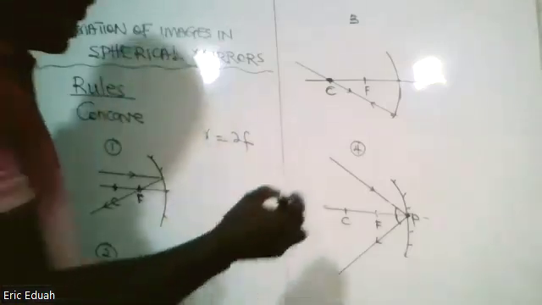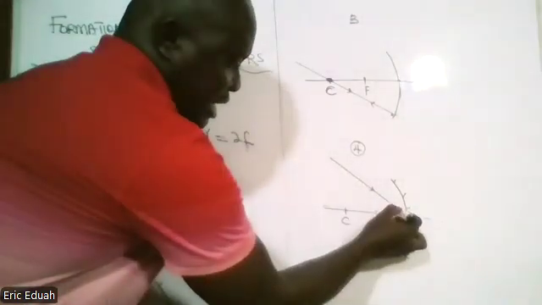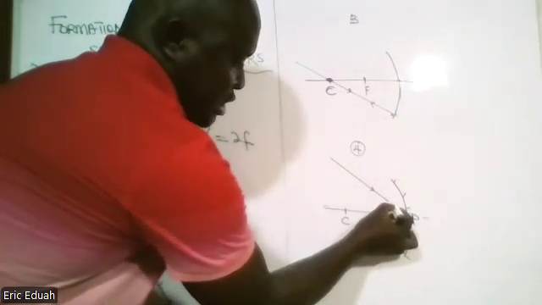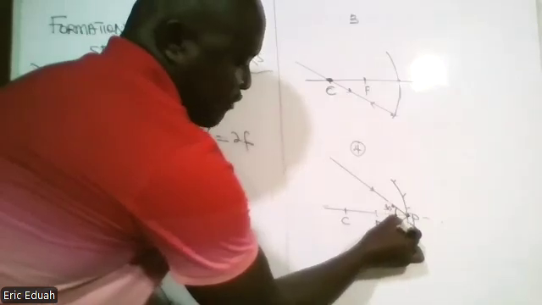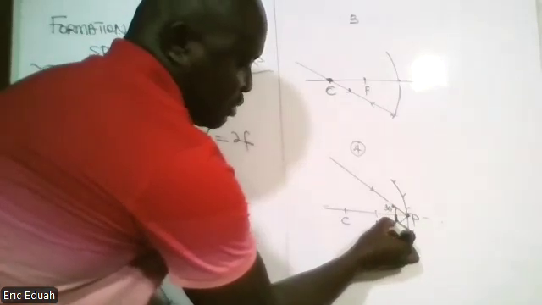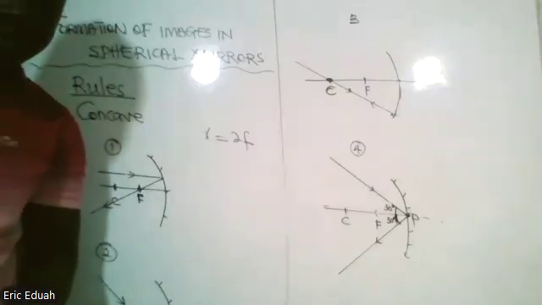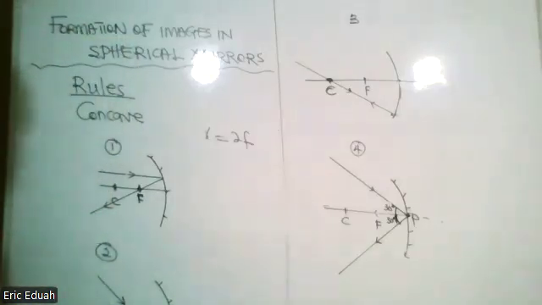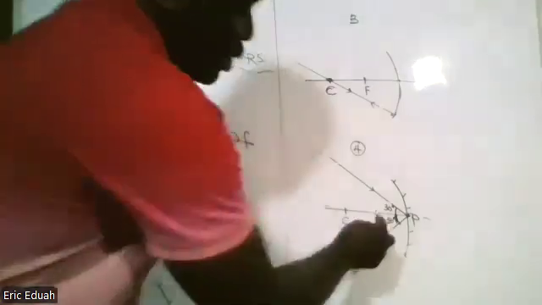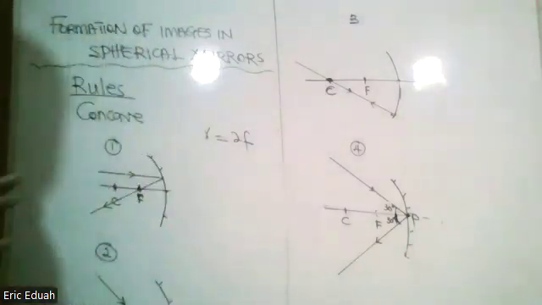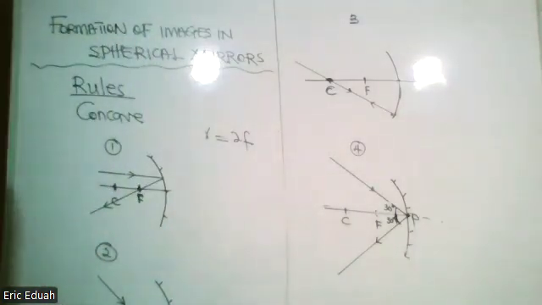Here what I'm saying is that if this angle of incidence is 30 degrees, the angle of reflection must also be 30. Symmetry, that's what I mean. So in using this rule, whichever angle you get here must be the same as that. So usually it must be measured so as to get accuracy.